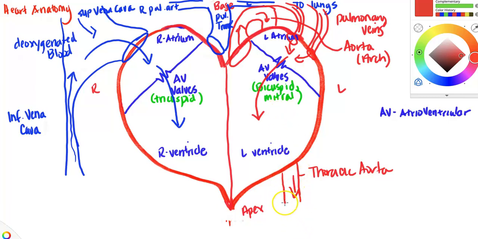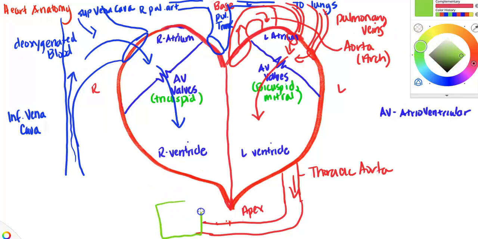All right, so as it goes through the body, it's dumping off oxygen to the different tissues. So body tissues.